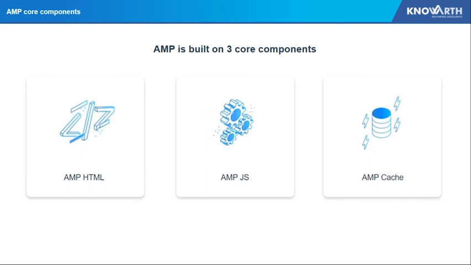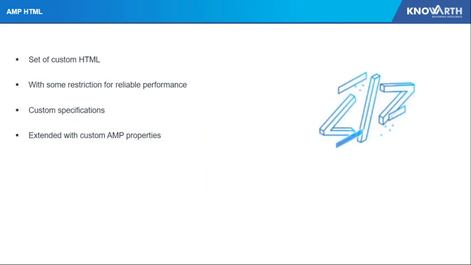So moving ahead, AMP mainly consists of three core components: AMP HTML, AMP JS, and AMP Cache. So let's talk about AMP HTML first. It's a set of custom HTML. Though most tags in an AMP HTML page are regular HTML tags, some of the HTML tags are replaced with AMP specific tags that have specific validation and rules.